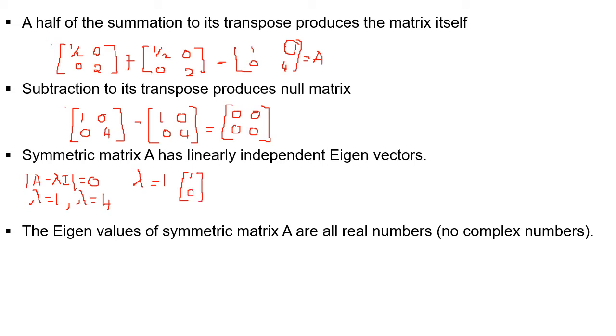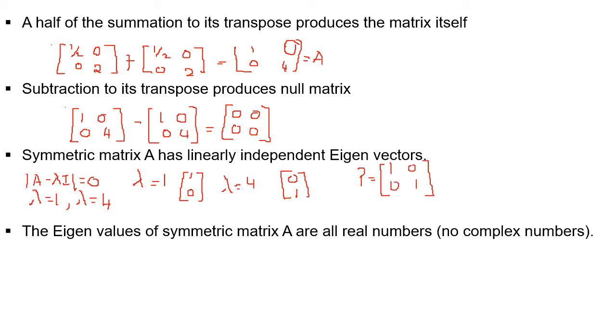Corresponding to eigenvalue lambda equal to 4, I get the basis as 0, 1. So therefore I can write the P matrix as 1, 0, 0, 1.